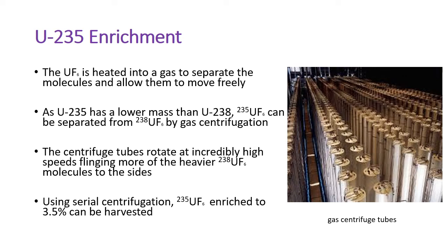Some of it's still in the middle. We take out the middle and put it into a new tube and spin it up again, flinging many of the uranium-238 molecules to the side. And then we suck out what's in the middle, and then we do it again and again and again. It takes hundreds of centrifugation steps to get to a mere 3.5%. But that's all we need to run a reactor.